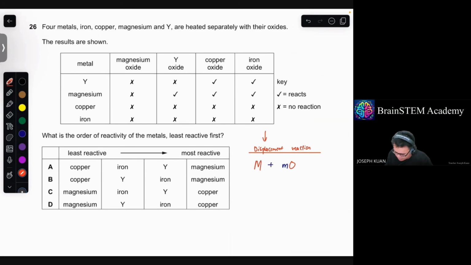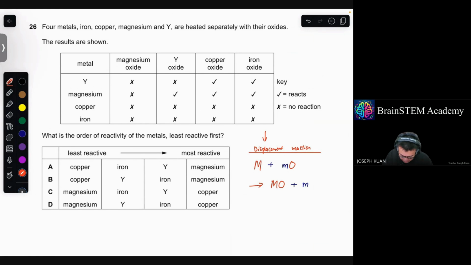So another metal oxide, and that gives you the big metal oxide, and the small m is being kicked out from the reaction.